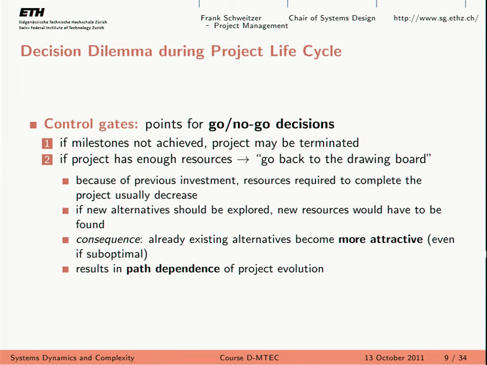Finally, the final thing with the project management approach is these control gates. Basically at the milestone, you take a decision: should I continue or should I stop the project? I did not fulfill my milestone, the quality is bad, I will not fit in the total estimated project time, so what do we do? Do we stop the project?